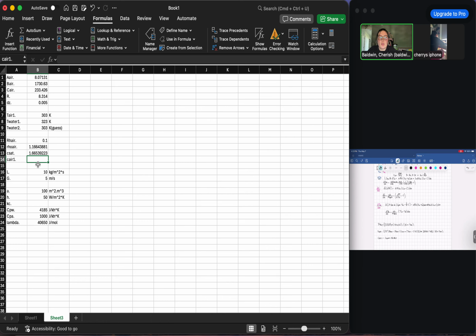Alright, and now our concentration of air is equal to the concentration of air saturated. The concentration of vapor in air is equal to the air saturated times the relative humidity.